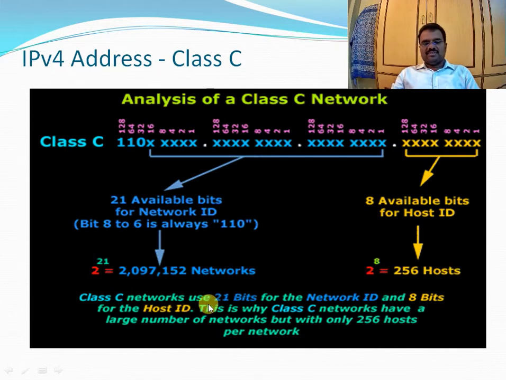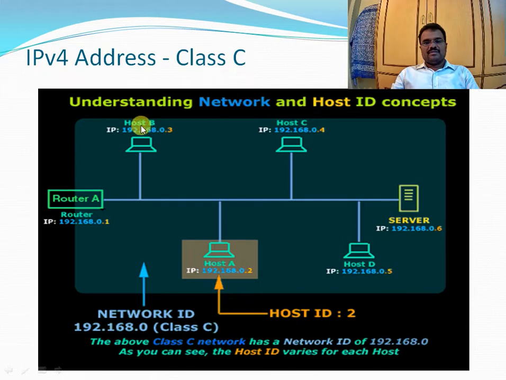So class C networks use 21 bits for the network ID and 8 bits for the host ID. This is why class C has a large number of networks, but with only 256 hosts per network. In this case, 192.168.0 is the network ID, and the last number is the host ID.